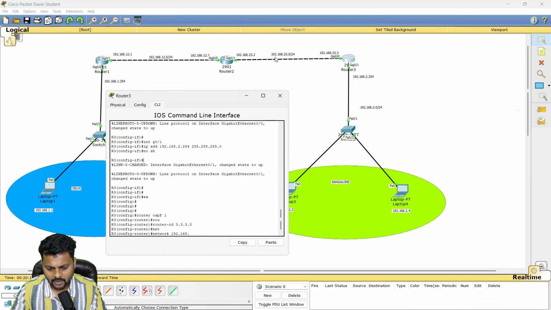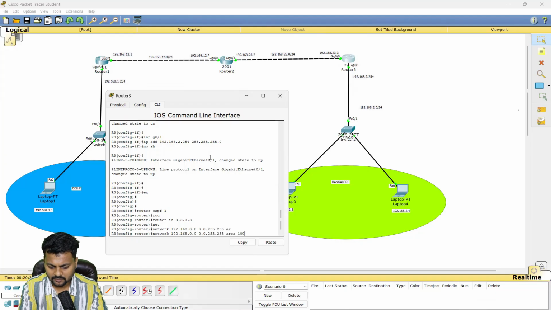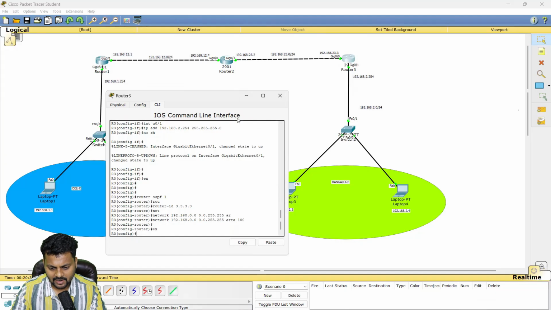If you see, we have 192.168 and the same 192.168, so both two octets are matching right now. The third octet is different: we have 23 over here and 2 over here. So I'll just match the two octets, ignore the third and fourth octet, and call it area number 100. So in a single shot, I'm going to advertise both links.